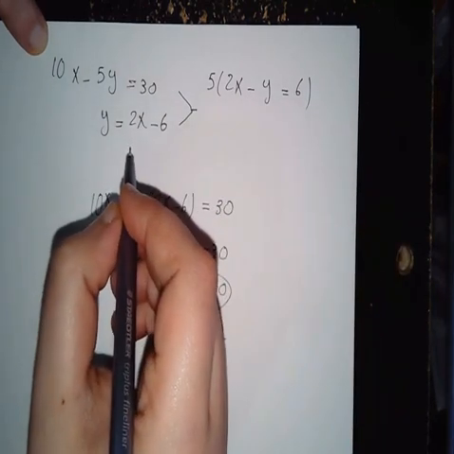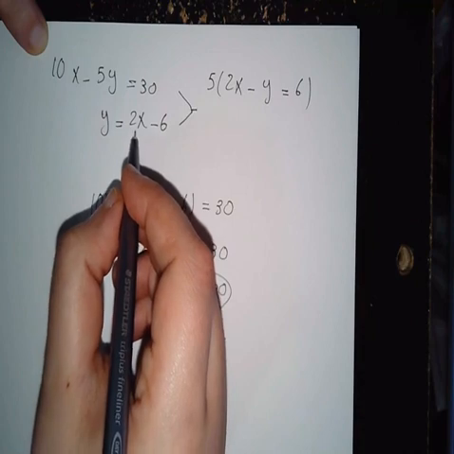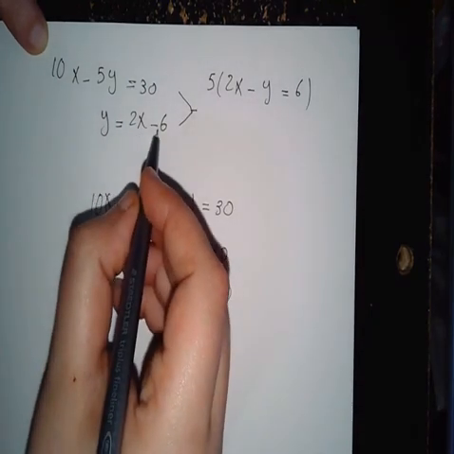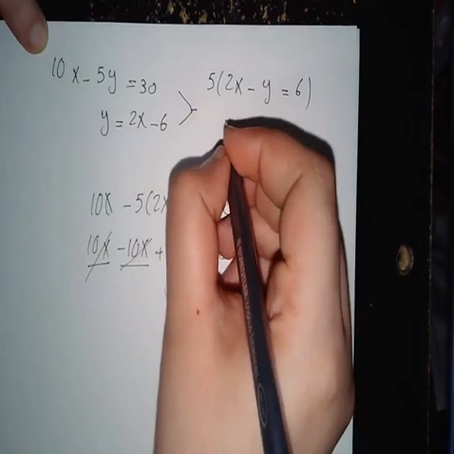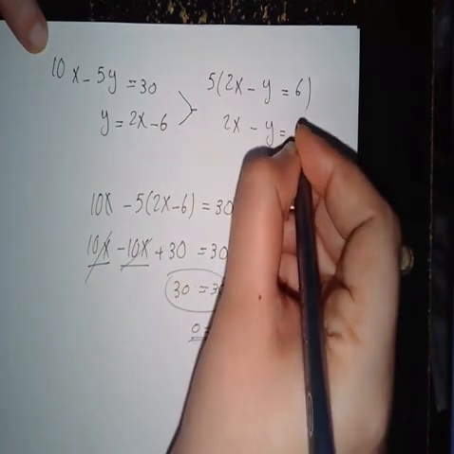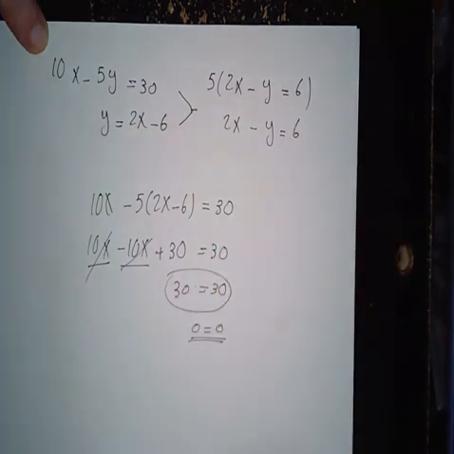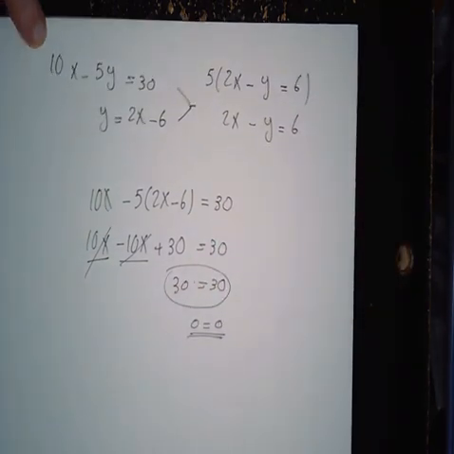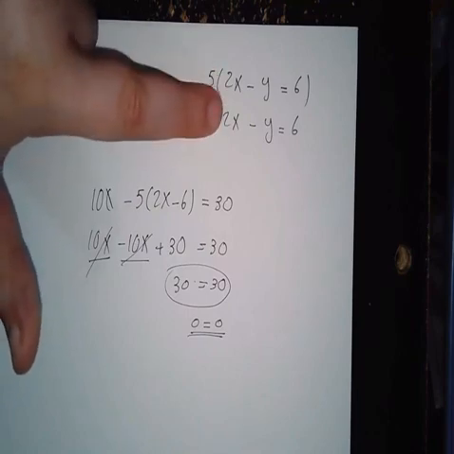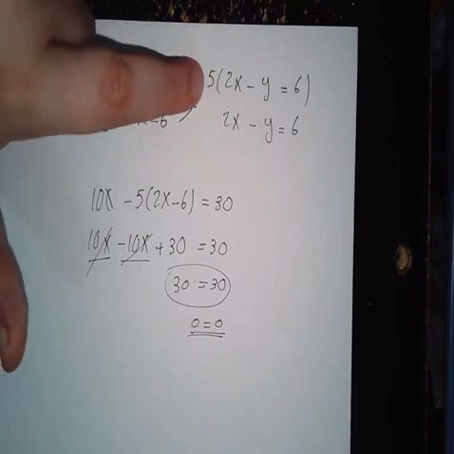And over here, if I move the y to the side and the negative 6 to the side, it turns to 2x minus y equals 6. So all I did was give you the exact same equation twice, just multiplied one of them by 5.